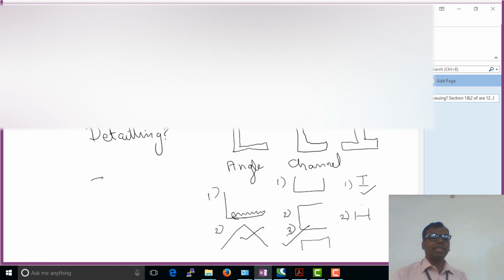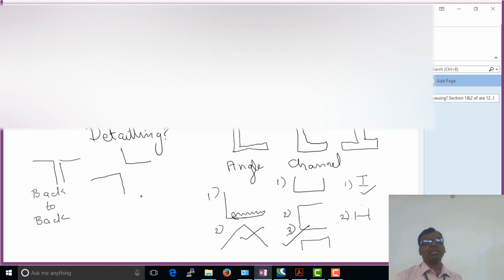See, an angle by itself is a very poor section to take loads. So usually you'll keep angles in this pattern. Okay, you can have angles placed in many ways. You can keep the angle like this. This is called angle back to back, and this is called a star pattern.